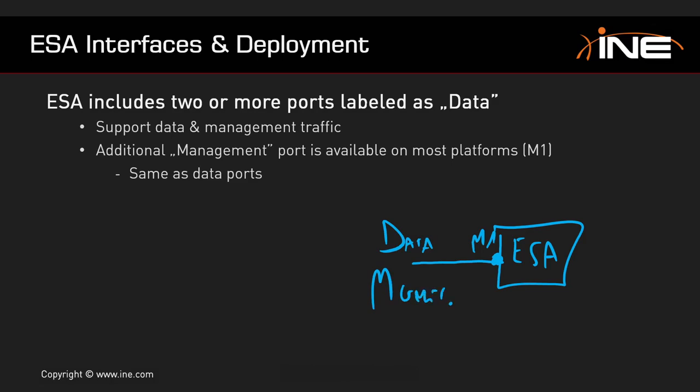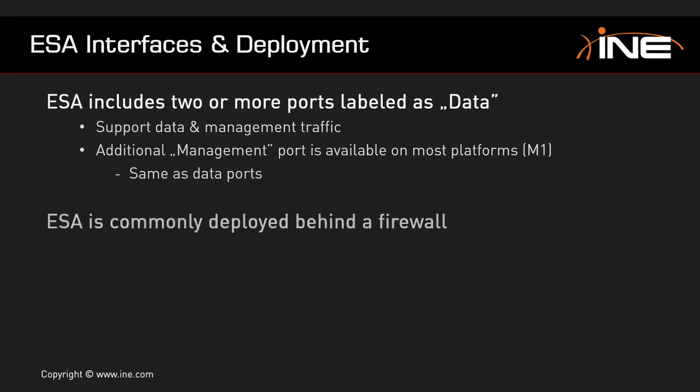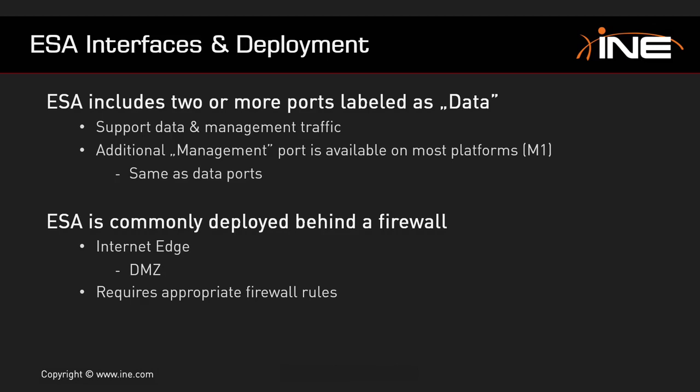It is generally recommended to place the ESA as close to the firewall as possible. Specifically, you will connect it to the DMZ port of your firewall, and this is going to be ideally the Ethernet edge portion of the network, protecting the unit from unwanted communication. So you will also have to think about firewall reconfiguration whenever you want to protect this unit.